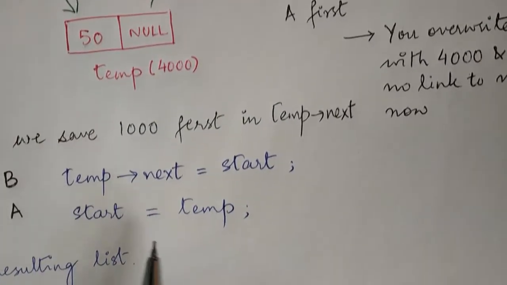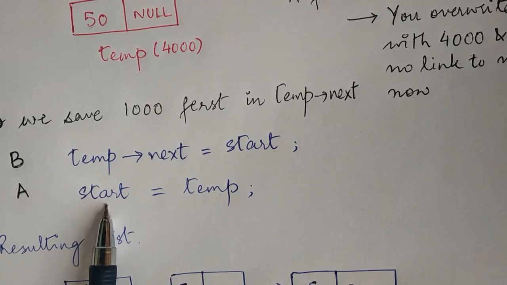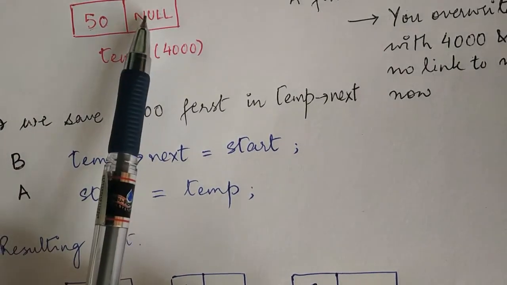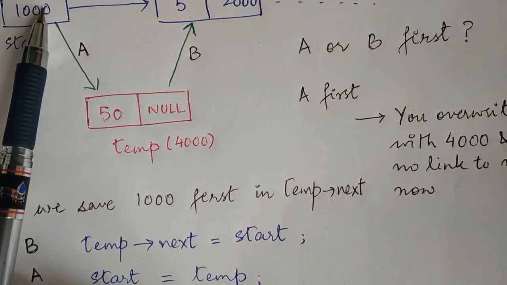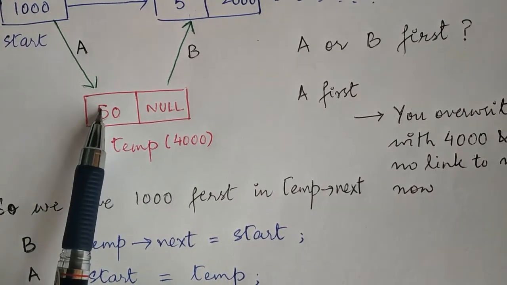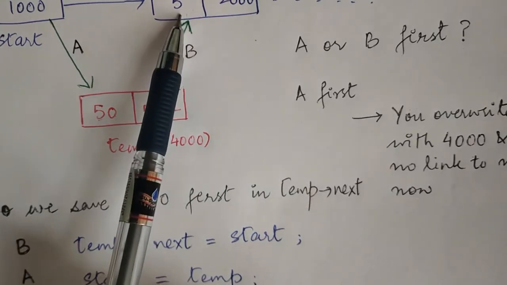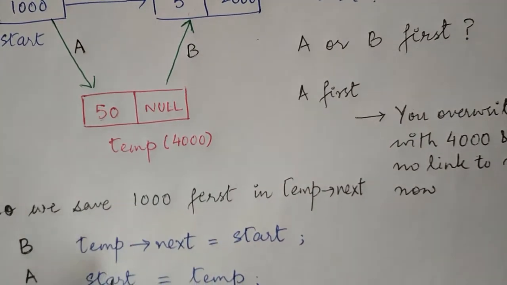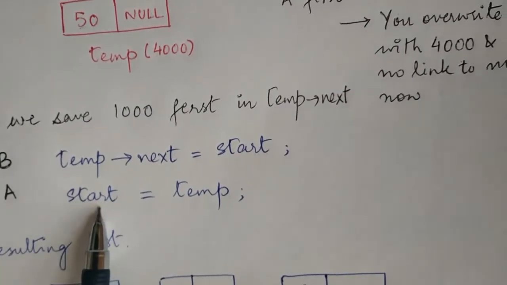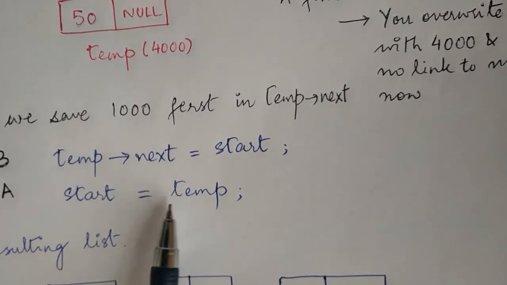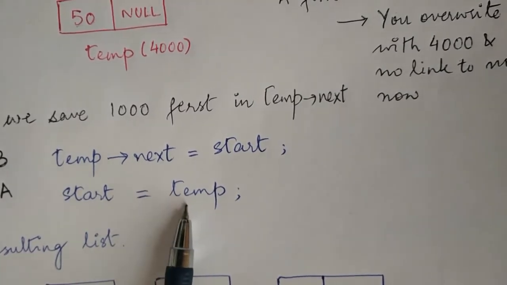And then after that, start. Now start also has 1000 and temp to next. This is 1000 and this is 1000. But now since we have already created the link between this node, this is the first node now. Now this becomes the second node. And now we will modify our start and make it equal to temp, which is 4000.